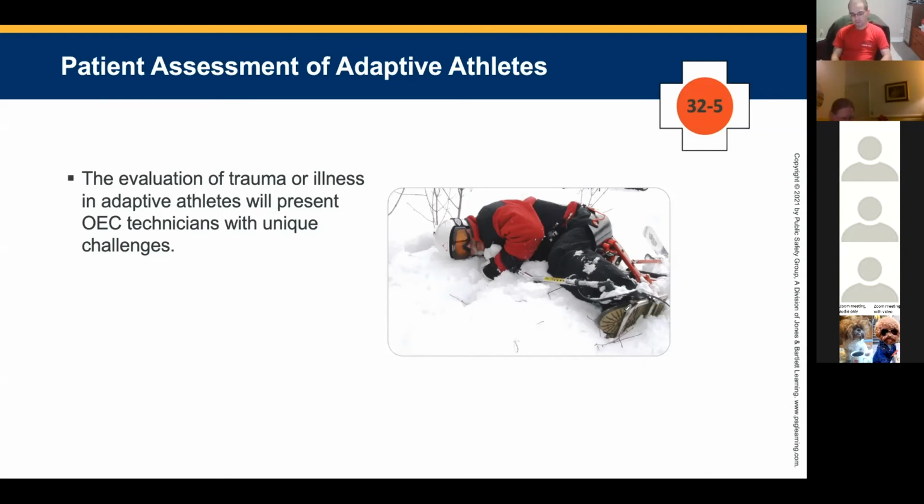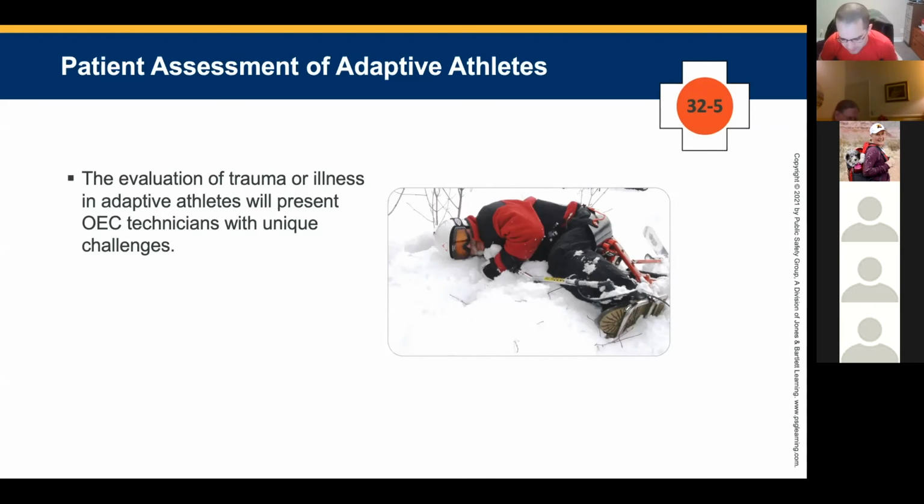I was thinking about the athlete who's paralyzed and can't feel his legs. What if they did have a leg break and they can't tell you? Yeah, that's not just a leg break, but even a burn. I'm racking my brain right now. There was a case that I recall, and I don't know if I treated the patient or if I heard about it in a case study, but the patient was paralyzed and somehow burned themselves.